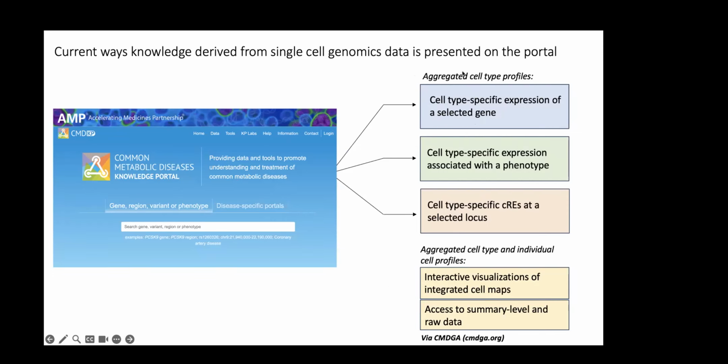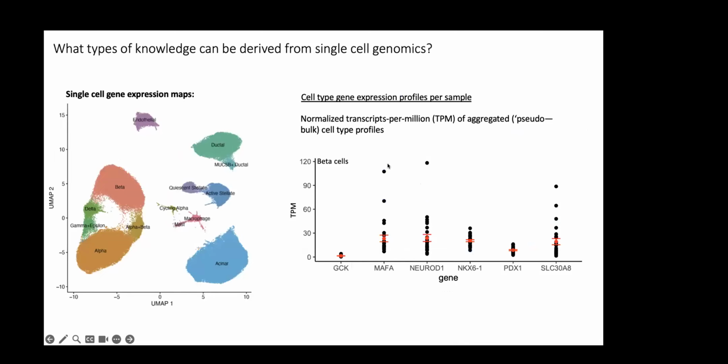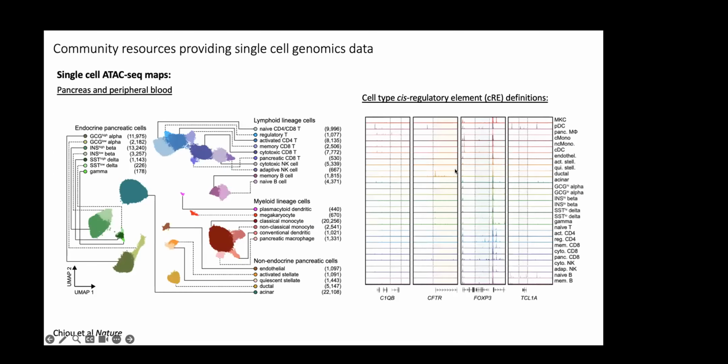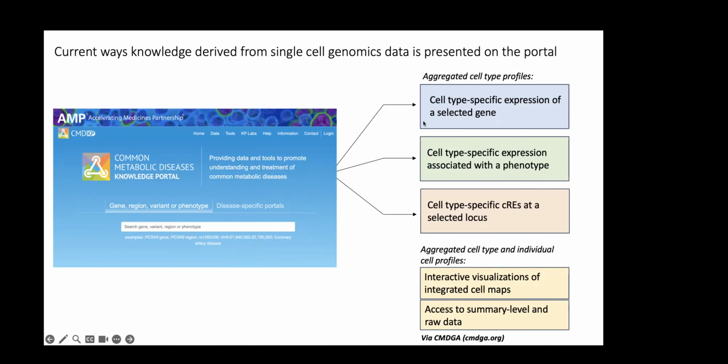Just to note, at the moment, everything that's shown in the portal is what I'm calling an aggregated cell type profile, right? So that's something like aggregation of expression of a cell type at the sample level, or aggregation of cis-regulatory elements at the cell type level.